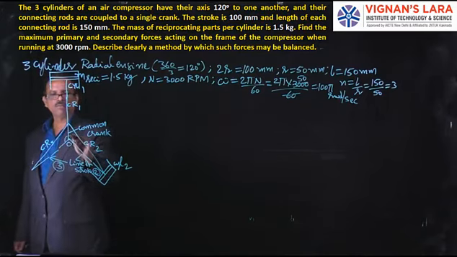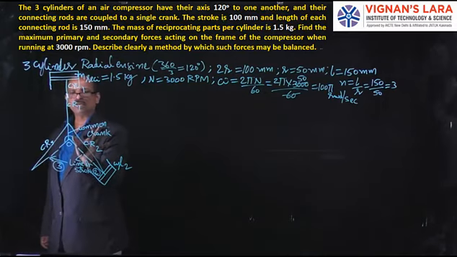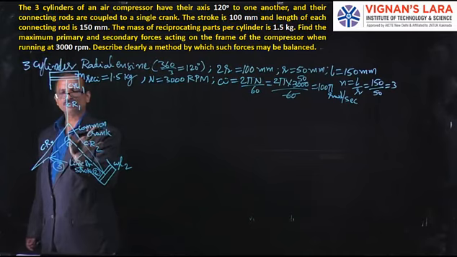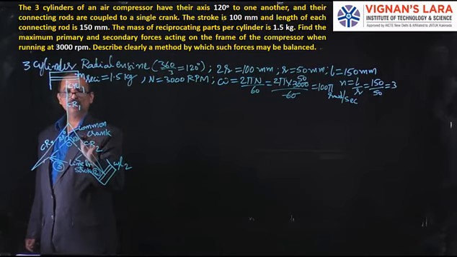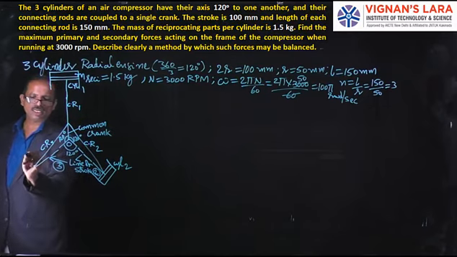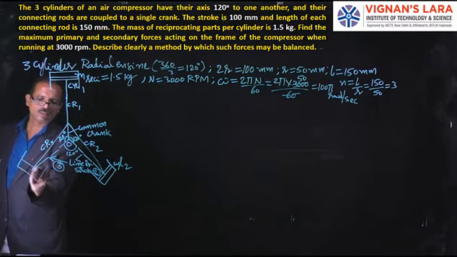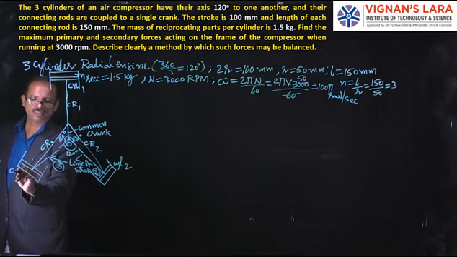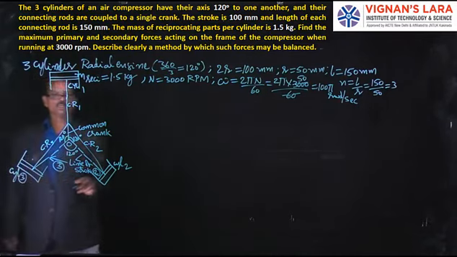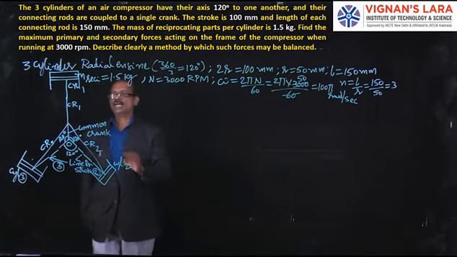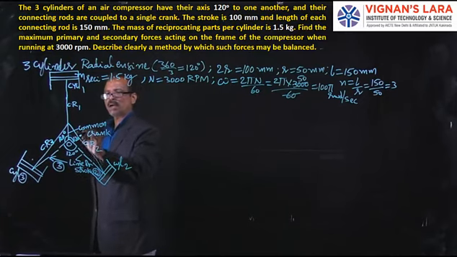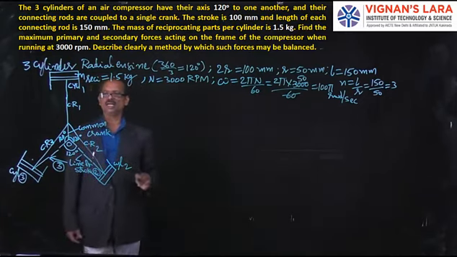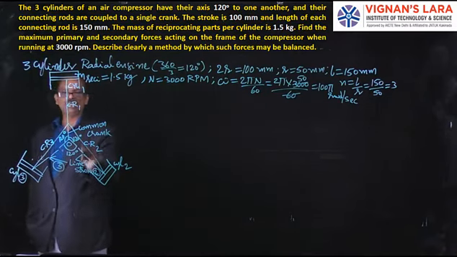So all of them are arranged with 120 degrees each. This is 120, this is 120, and this is 120. Here there is one more cylinder, this is cylinder 3. So we have connecting rod 1, connecting rod 2, connecting rod 3, and the common crank which is revolving here, and all these 3 are 120 degrees apart.